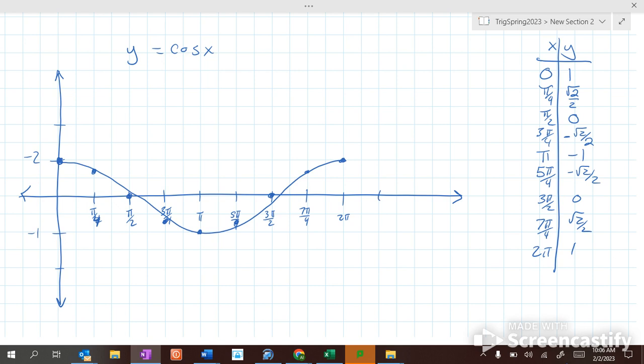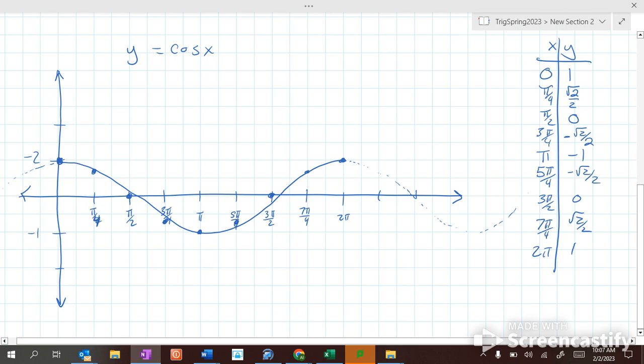So if we would continue on, it would look the same as a sine curve, just shifted over a little bit. Okay? Because it, again, keeps going up and down, just like the sine curve does.